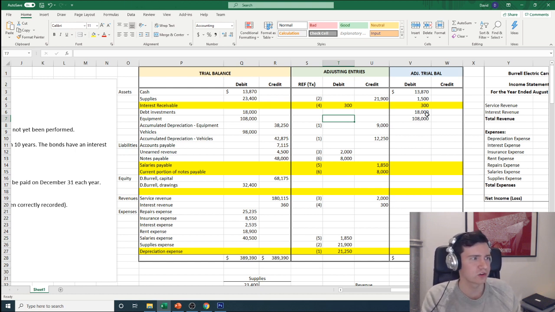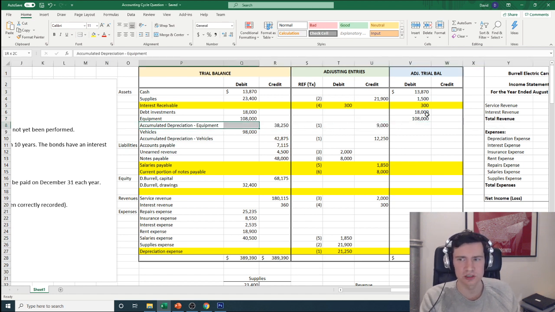Why do we have this contra asset account accumulated depreciation? Why do we have it? Because we could just credit equipment and decrease the balance of that. Why do we have this separate contra asset account?